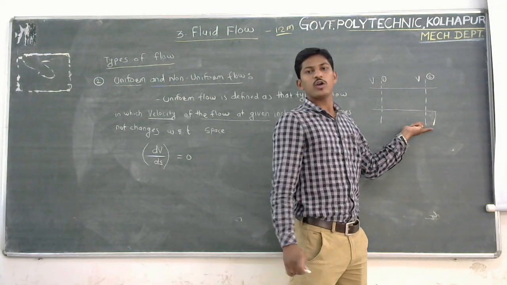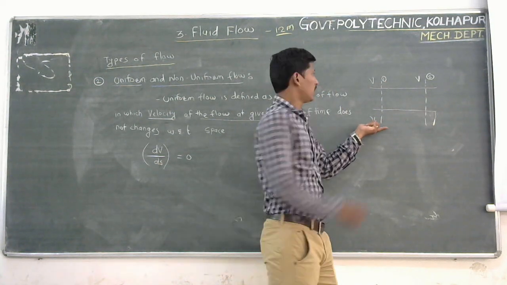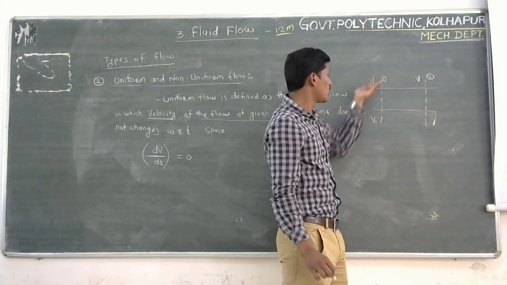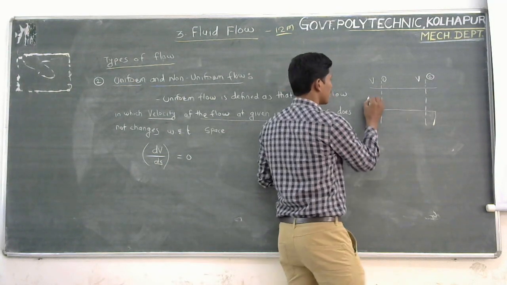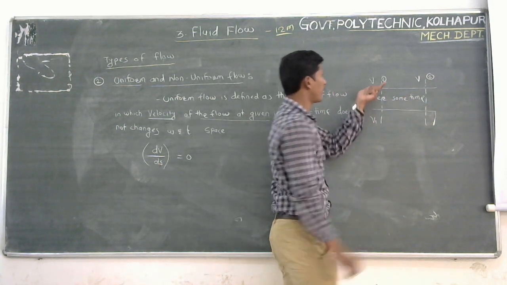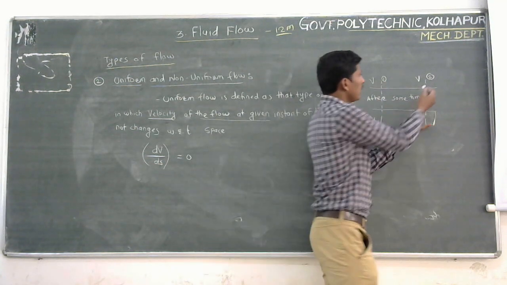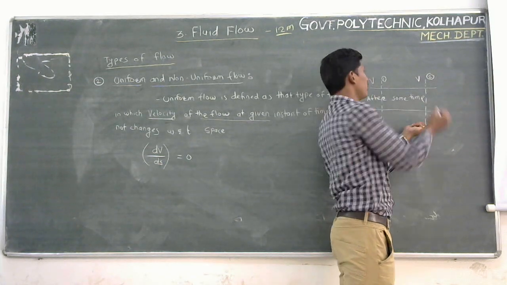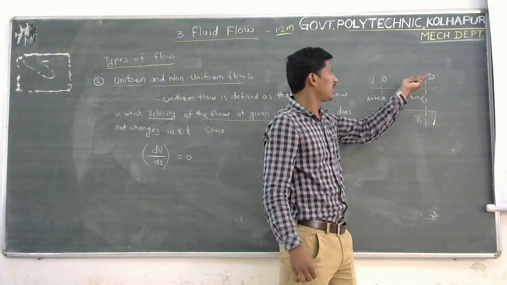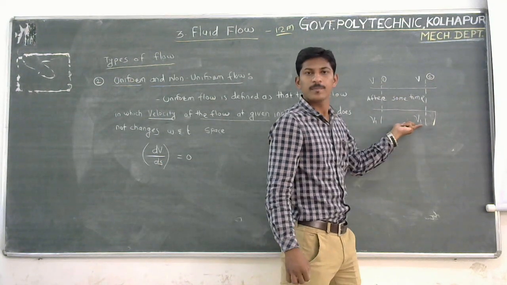Then it is called uniform flow. After some time, we measure the property again. At section 1, suppose the velocity has changed from v to v1. Similarly, at the same time, we measure the velocity at section 2 and we get the same velocity v1. Even though the velocity at section 1 has changed from v to v1, we can still say it is a uniform flow.